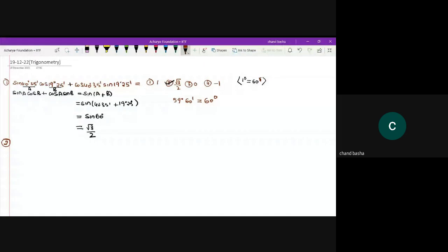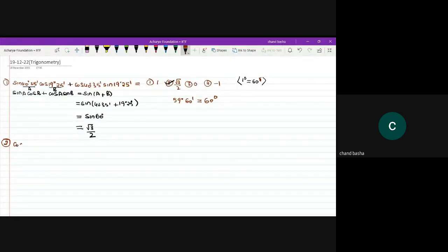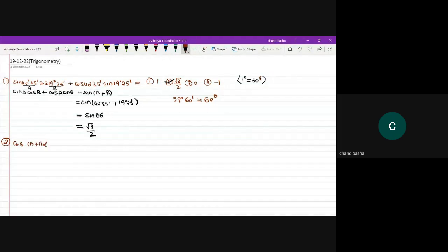Moving to the second question. Cos of (n plus 1) alpha, cos of (n minus 1) alpha plus sine of (n plus 1) alpha sine of (n minus 1) alpha is equal to how much?